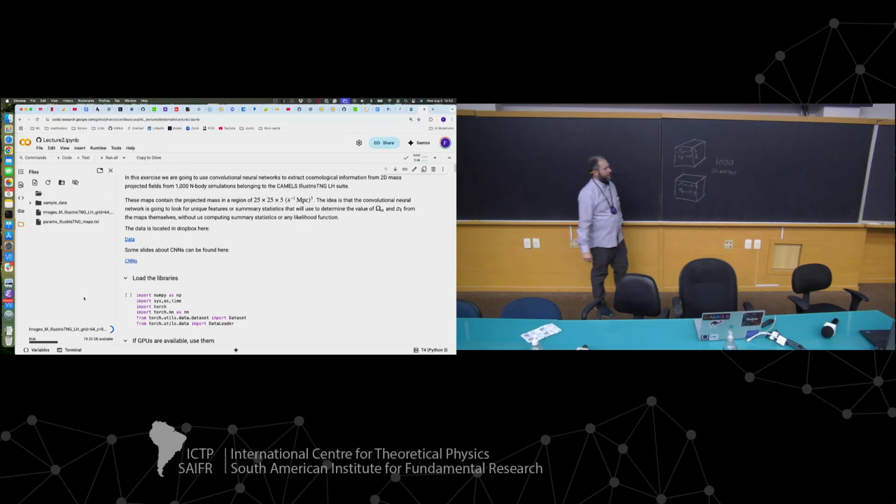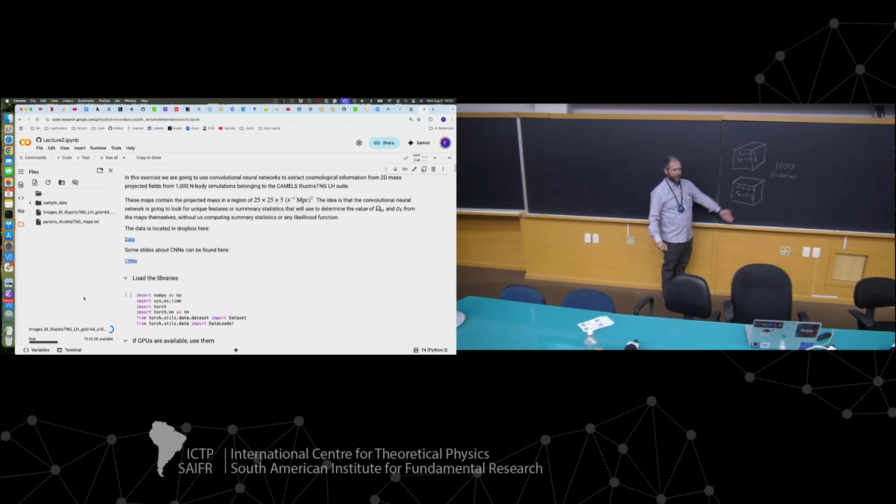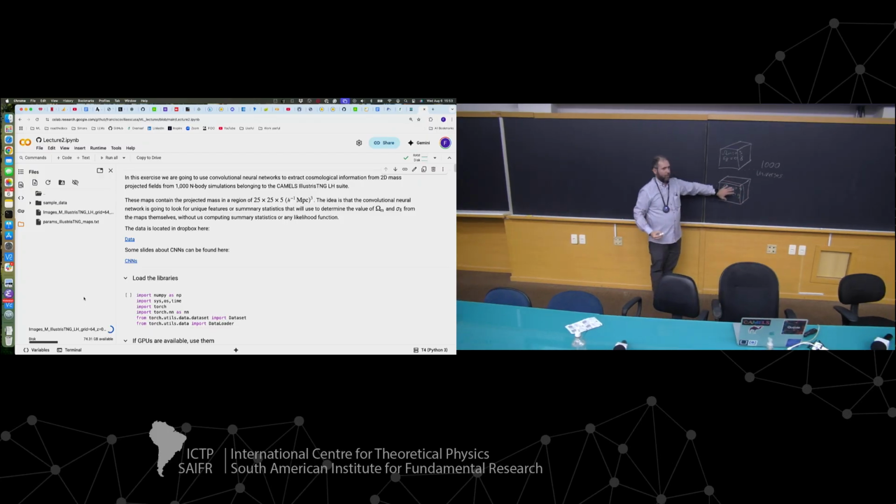For each of these universes, we have taken a slice. You take all the region there and project it, like some kind of weak lensing map.